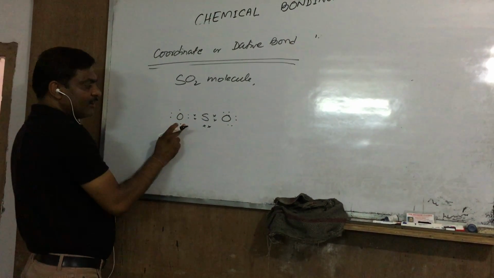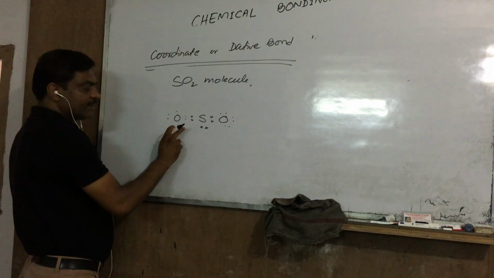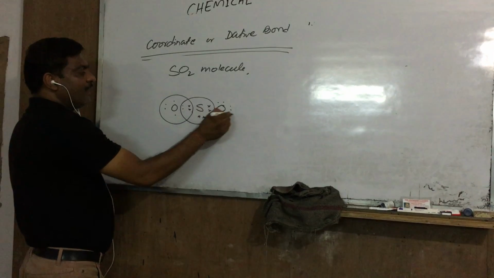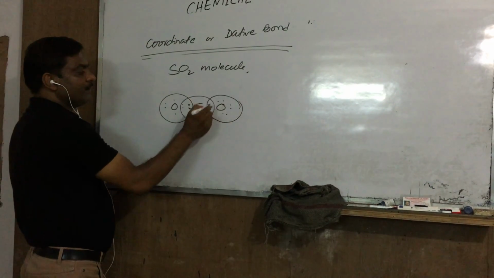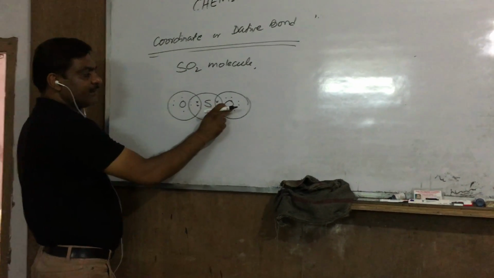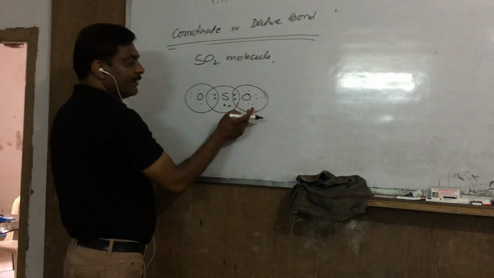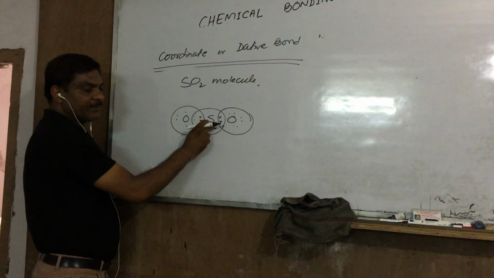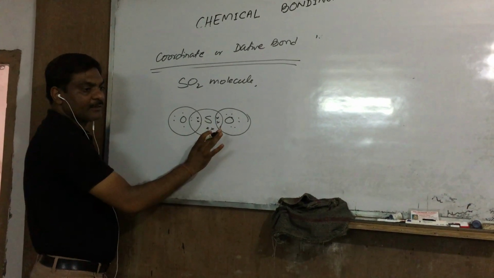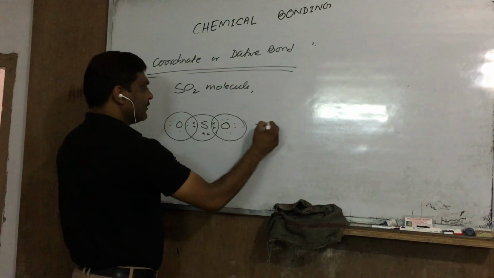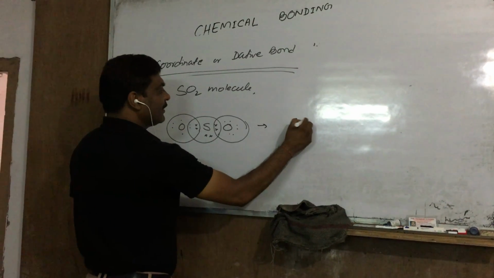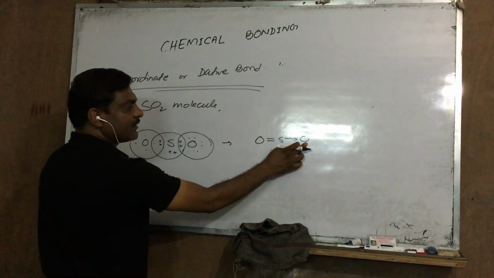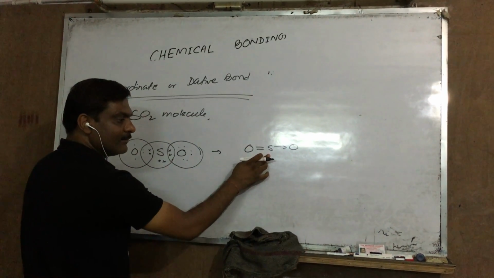There is a mutual sharing of 2 pairs of electrons between this oxygen atom and this sulfur atom, like this, and one-sided sharing of an electron pair between sulfur and this oxygen atom. Here, this oxygen atom is sharing with the electron pair of this sulfur atom, but this sulfur atom is not sharing with this oxygen atom. And finally, this can be written as O double bond S coordinate bond O. This is the acceptor atom, this is the donor atom. Agree?